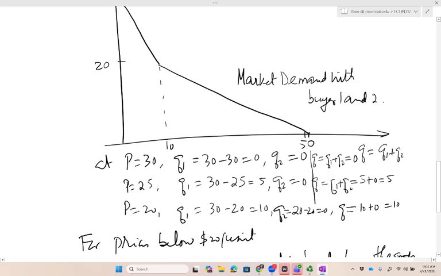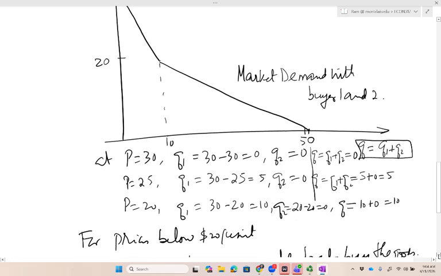So you can see there is a change in slope at the price equal to 30. The slope to the left of quantity equal to 10 is steeper and the slope to the right is milder. And we have the aggregate quantity on the horizontal axis instead of the quantity demanded by each one of the buyers. So this is the market demand.